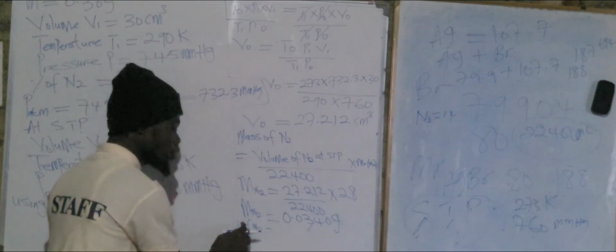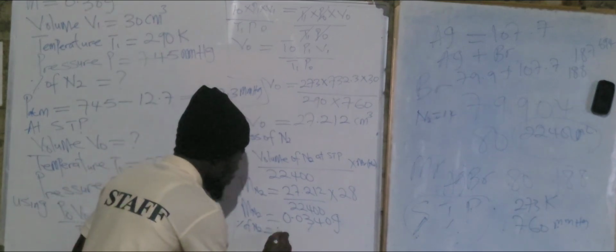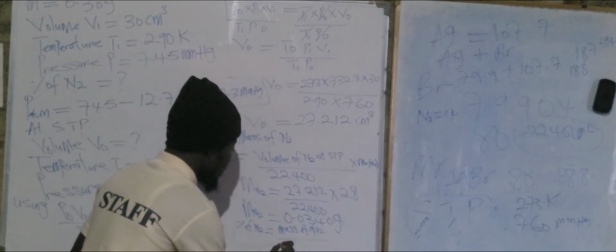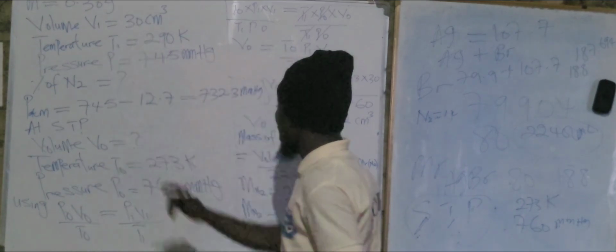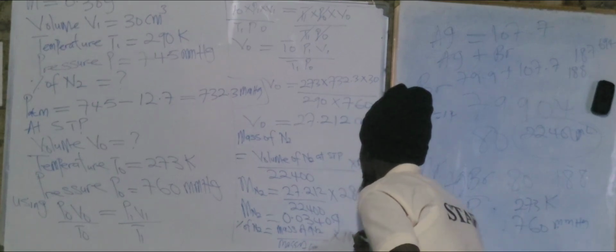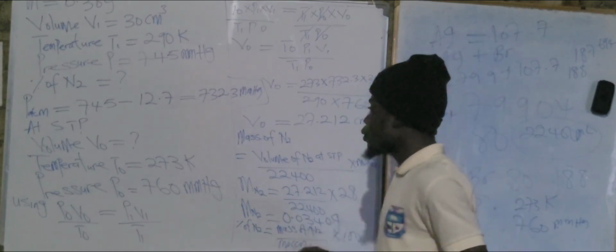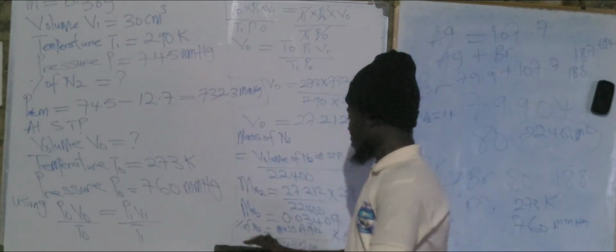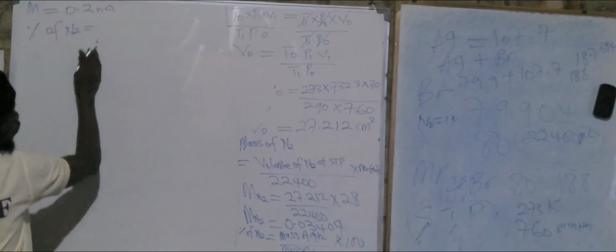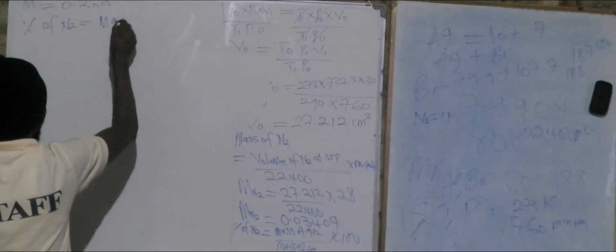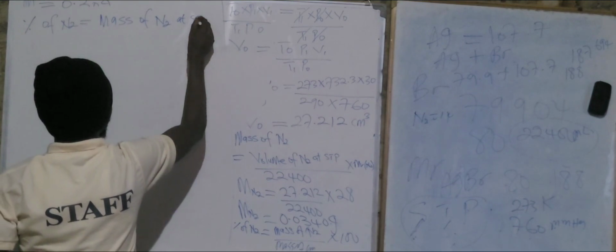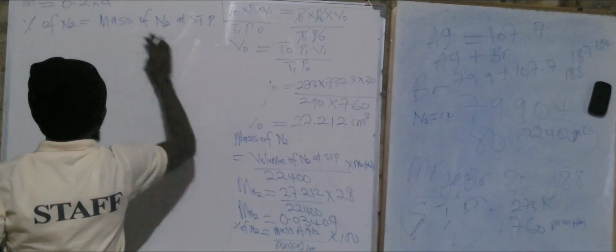Now percentage of nitrogen is equal to mass of nitrogen at STP, all upon mass of the compound, multiplied by 100.